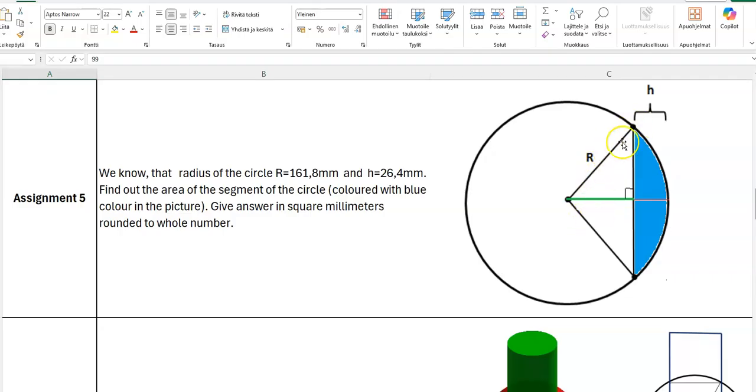It is possible to use these right angle triangles there. It is quite easy problem, but you need to think twice before you start solving that.